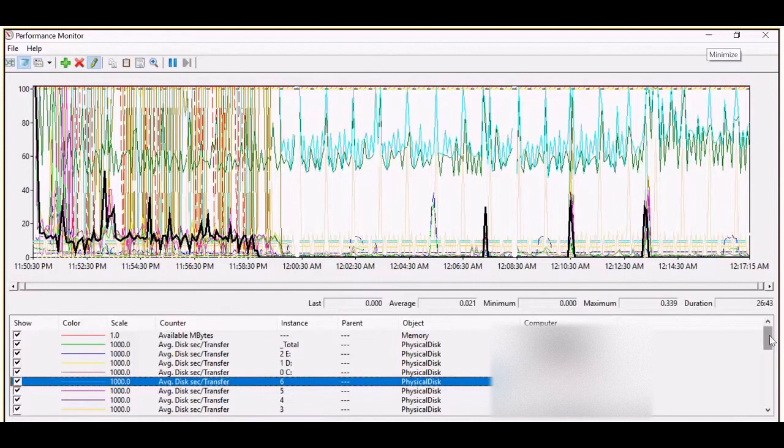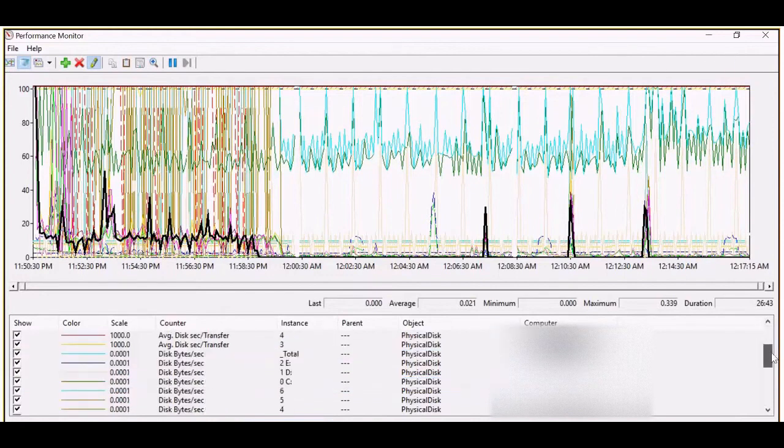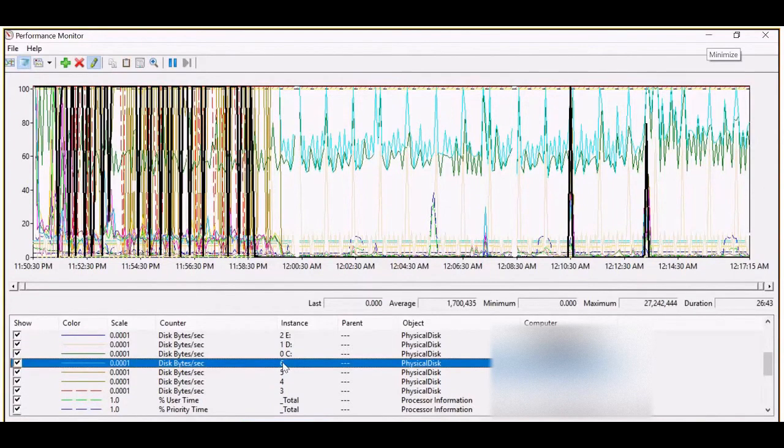So what I want to look at next is the disk bytes per second for that drive that definitely has latency. What I'm trying to figure out is whether the disk latency is because SQL is flooding the disk with too much data, or is it something up with the disk subsystem?